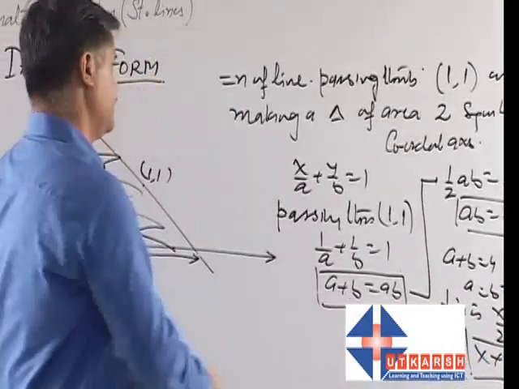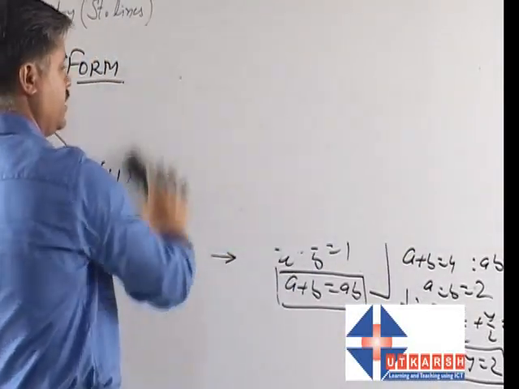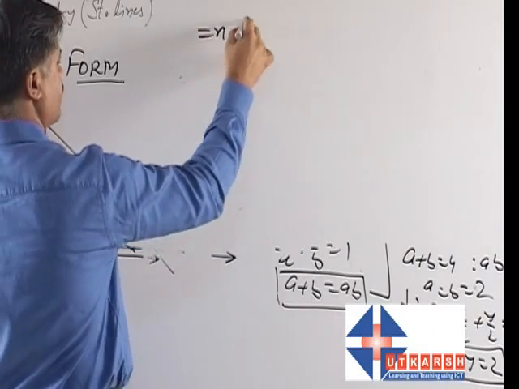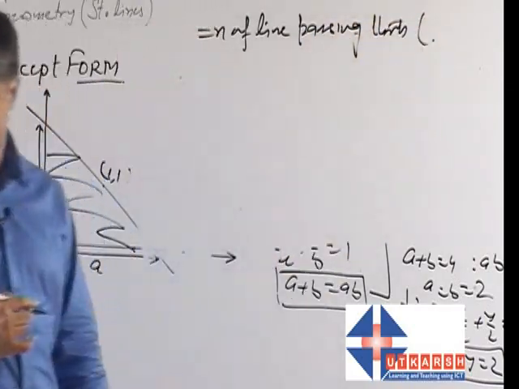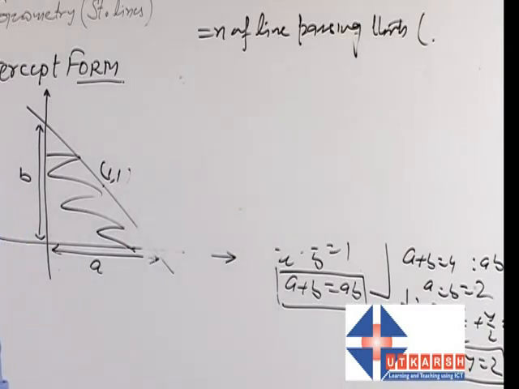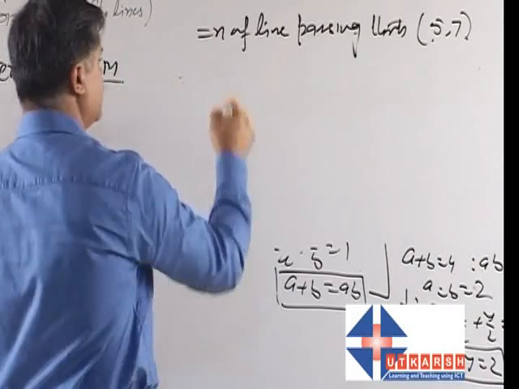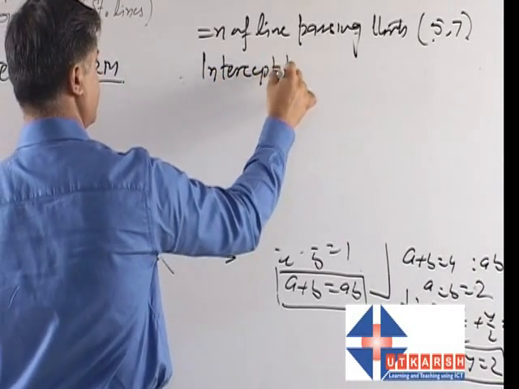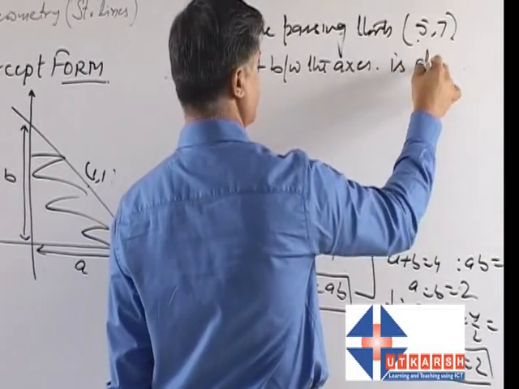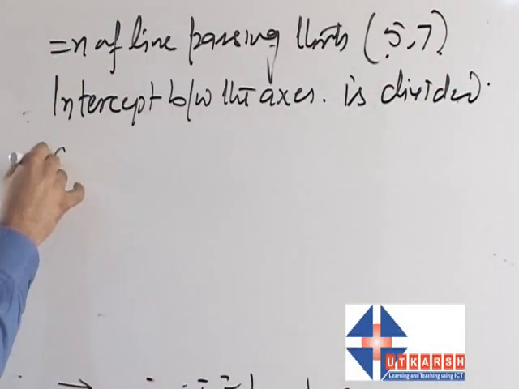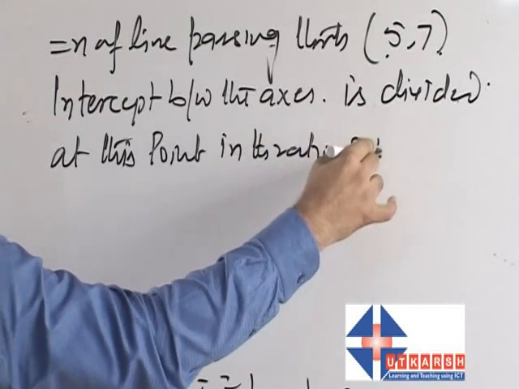एक और क्वेश्चन इसके ऊपर ही ले रहा हूँ मैं. Equation of line passing through the point (5, 7) and the intercept between the axis is divided at this point in the ratio 2:3.